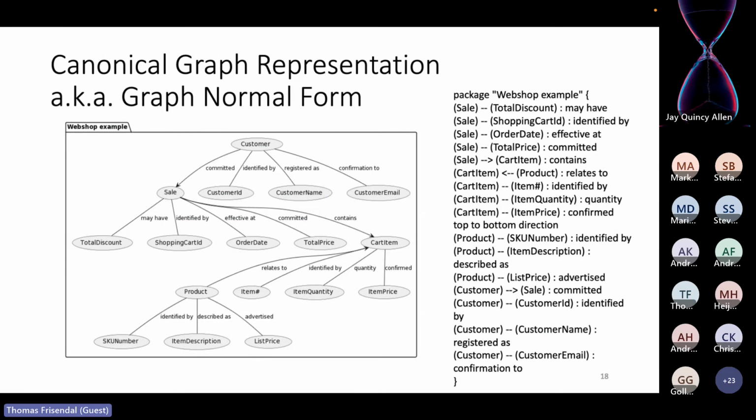Here is a little graph. Graph normal form is one of those cheap things that Mark mentioned. They are directed acyclic graphs, and that's what they are. They are really the atomic level of relationships and their semantics.